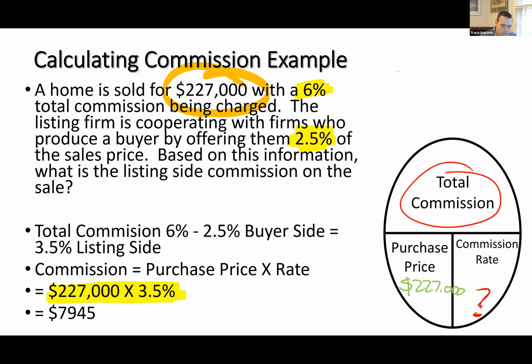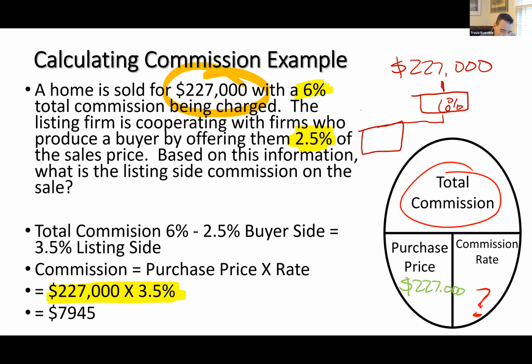I'm going to draw out the commission split in the transaction as detailed as I possibly can. I'm going to start with the purchase price of $227,000 because I know everything is based on that purchase price. And from that purchase price, we have the total commission, which in this case is 6% total. And I know that's getting split out into 2 sides.